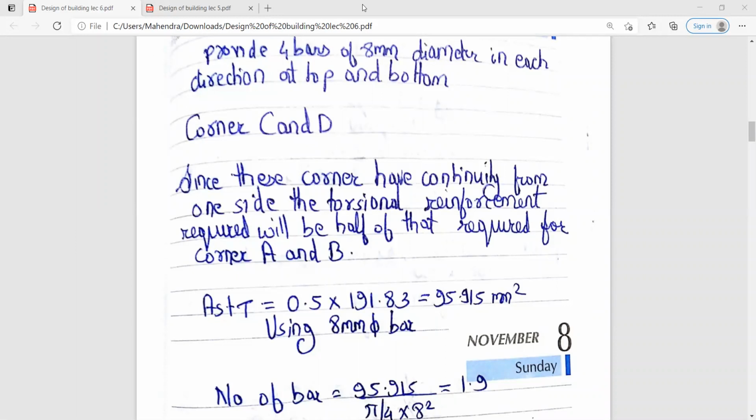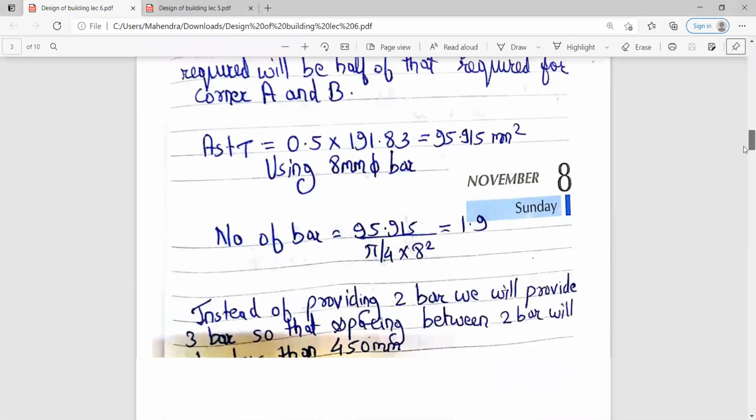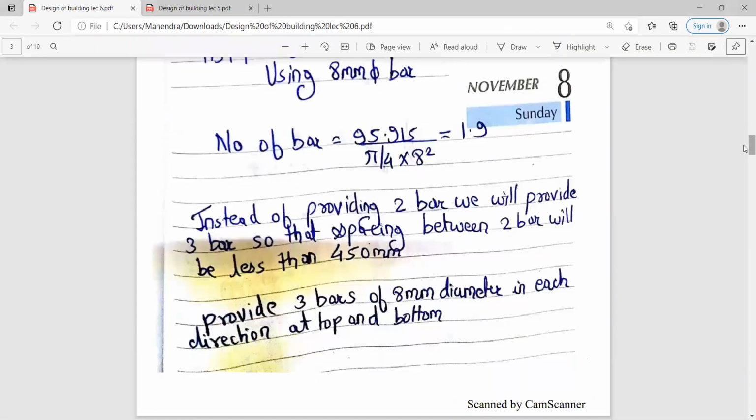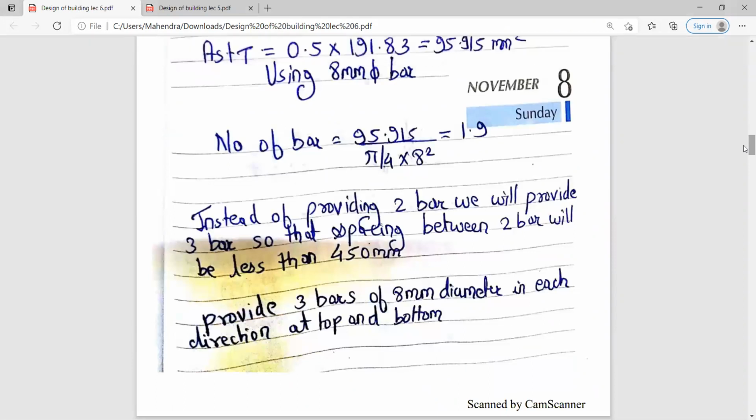Again, here also you are going to use 8 mm diameter bars only. So number of bars will be AST upon pi by 4 into 8 square, that will be 1.9, which is approximately 2. So instead of providing 2 bars, we will provide 3 bars so that the spacing between the bars will be less than 450 mm.